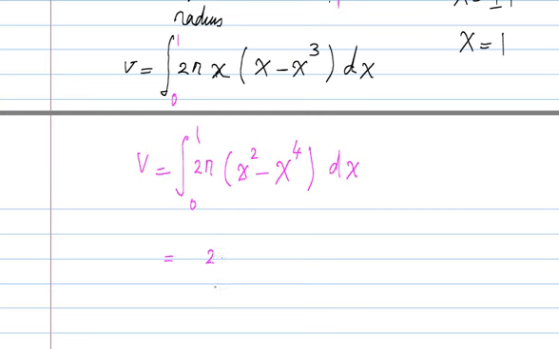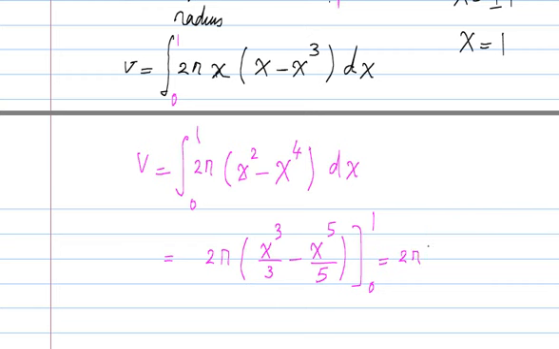That is 2 pi times x cubed over 3 minus x to the power of 5 over 5, between 0 and 1.